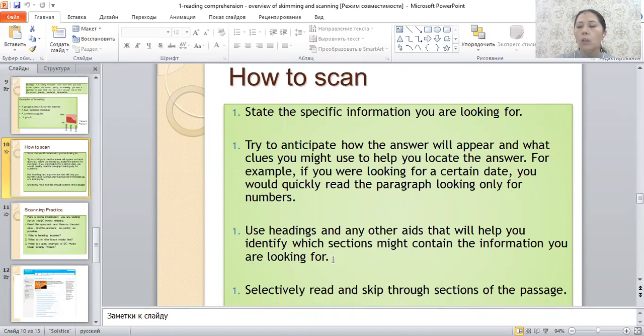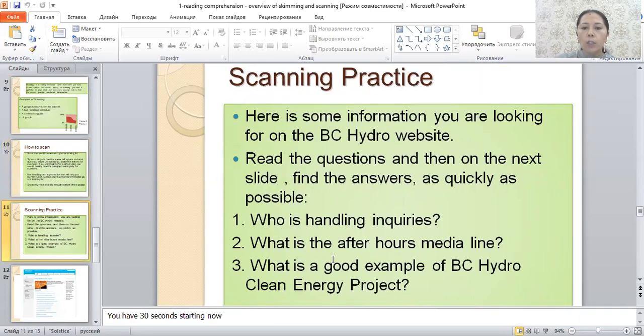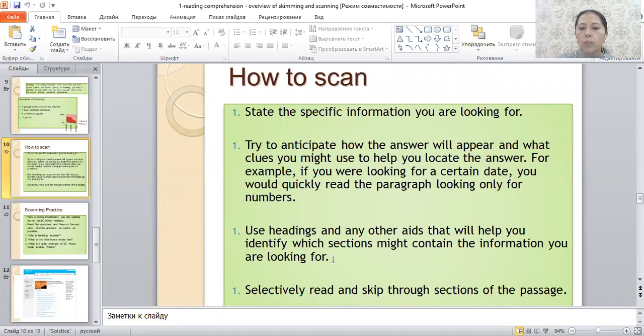First of all, according to the question, you should anticipate how you can answer this question. And then try to use headings to help answer the question. For selective reading and for skipping through sections, you can find the answers. You can do the scanning.